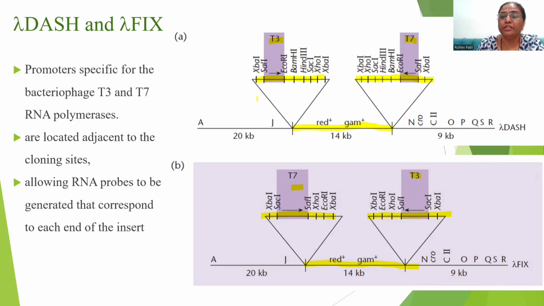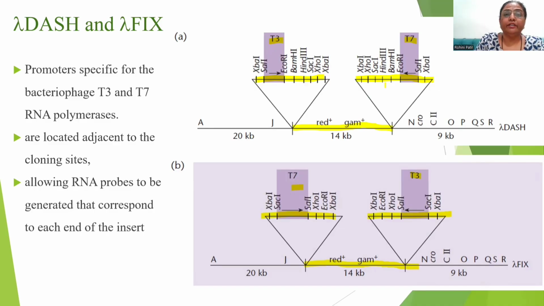So you cut the vector with BamHI, and the cohesive ends are generated. The stuffer fragment is released, and instead of the stuffer fragment there will be the insert. As there is a loss of the red and GAM genes, the vector is now allowed to grow in the P2 lysogen. That is, there is a SPA phenotype, a positive selection for the SPA phenotype.